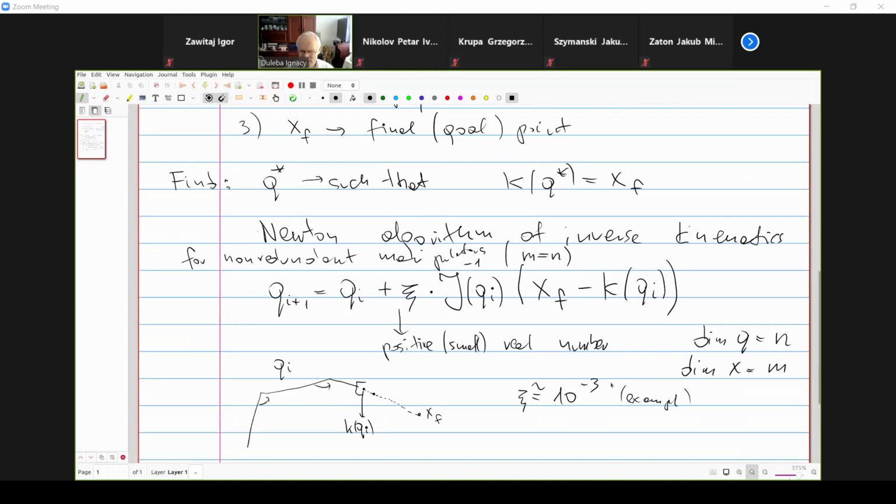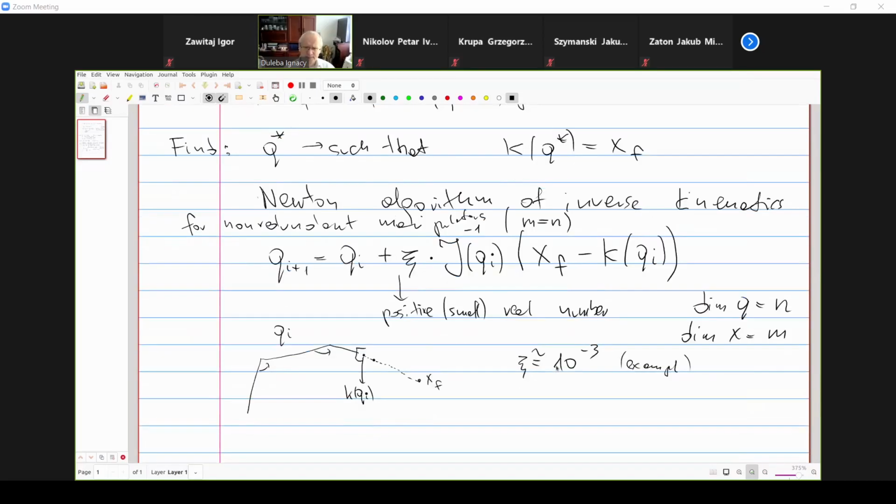So it is really, really small value. And as you can see, based on previous configuration and the Jacobi matrix, let's recall what the Jacobi matrix is. The Jacobi matrix is a partial derivative of kinematics with respect to configuration.